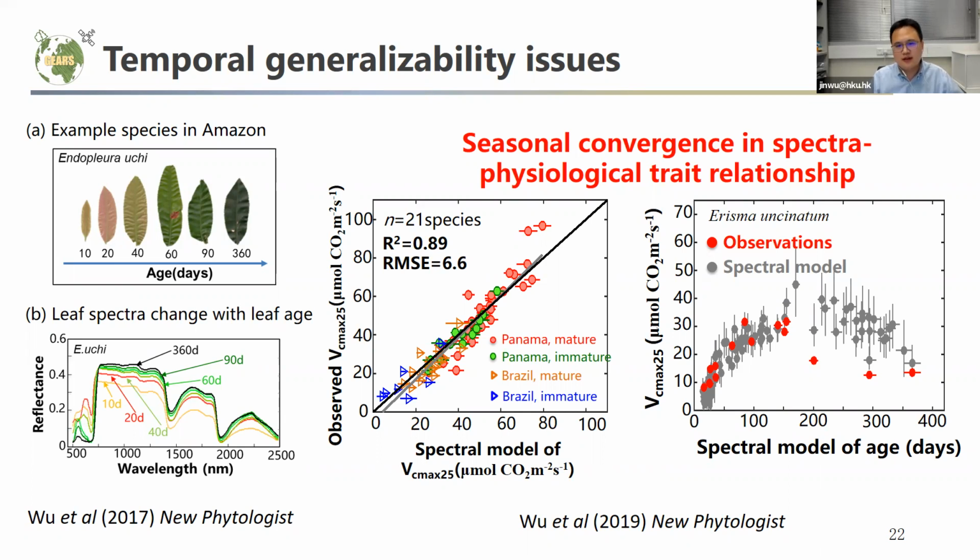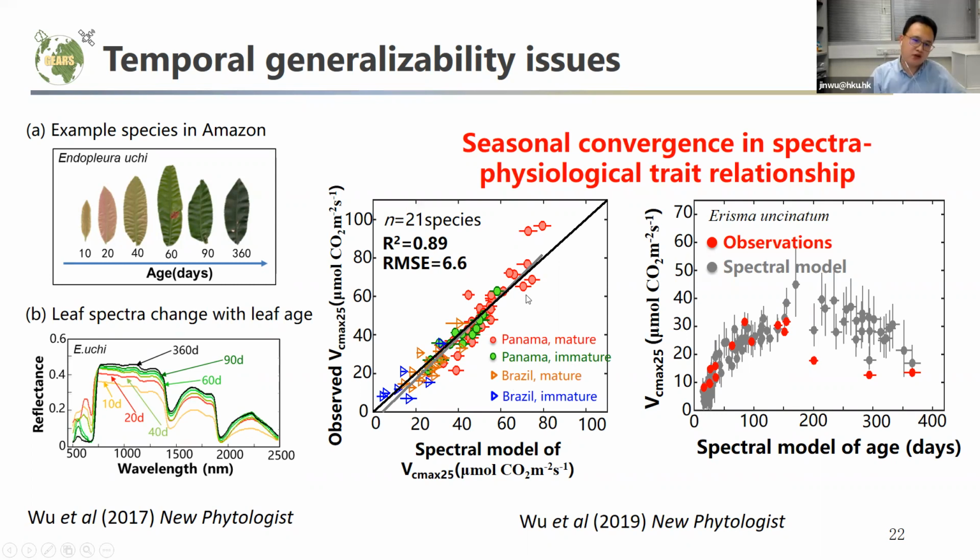So then we tried to see whether we can develop generalizable models to capture multiple different dimensions, multiple sources of variability of Vcmax25. The result is shown here: a single spectral model predicting Vcmax25, with different colors including the data we collected from Panama and Brazil, and including both mature and young leaves.